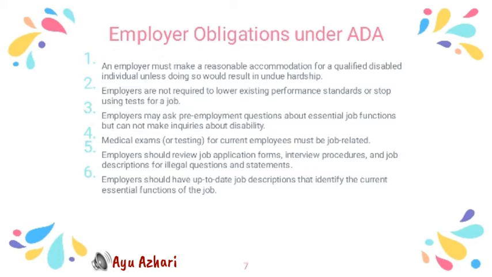Fourth, medical exams or testing for current employees must be job-related. Fifth, employers should review job application forms, interview procedures, and job descriptions for illegal questions and statements. Sixth, employers should have up-to-date job descriptions that identify the current essential functions of the job.